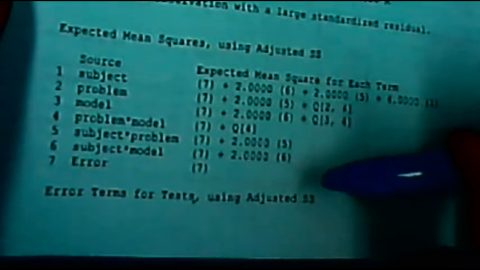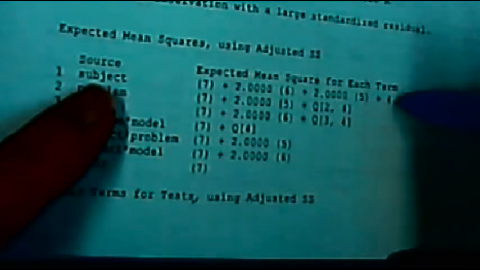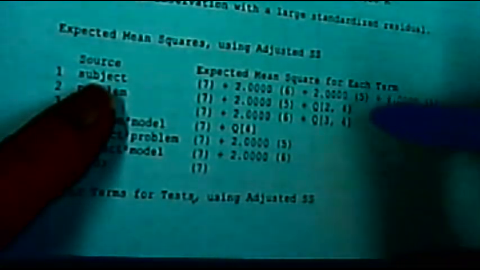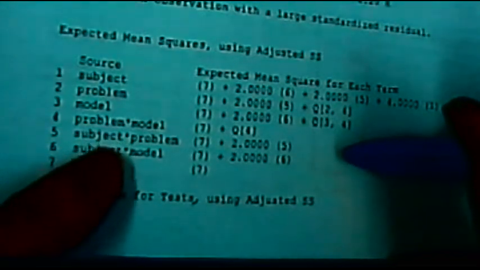And the one which has no answer is the one for subject. That's got too many pieces in it. There's no single expected mean square below which will work for that. But it tells us on the next page what it did actually.